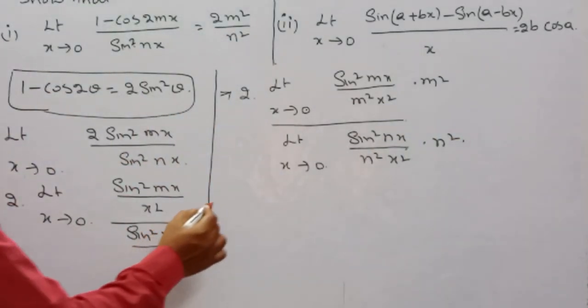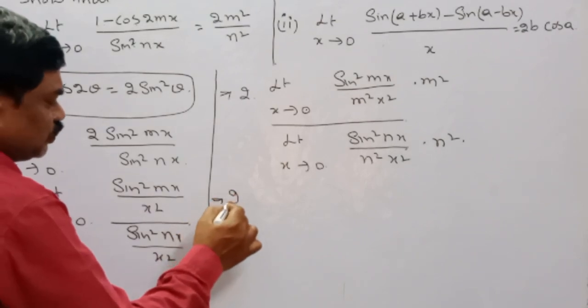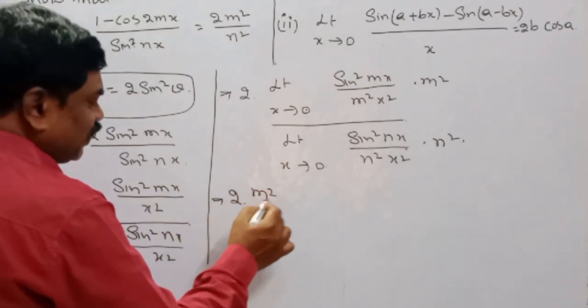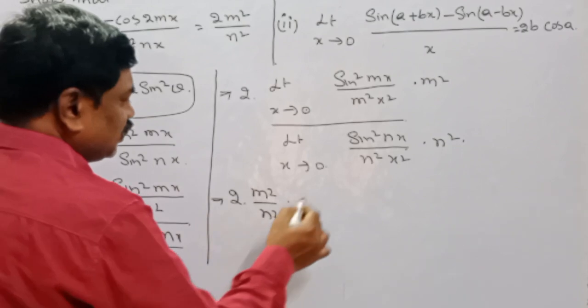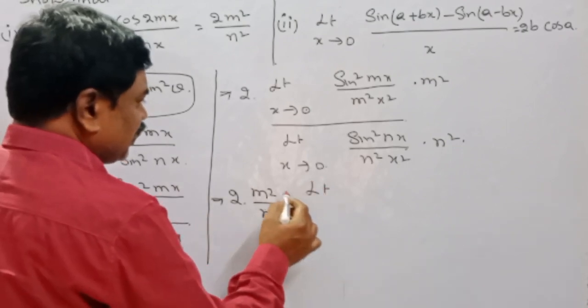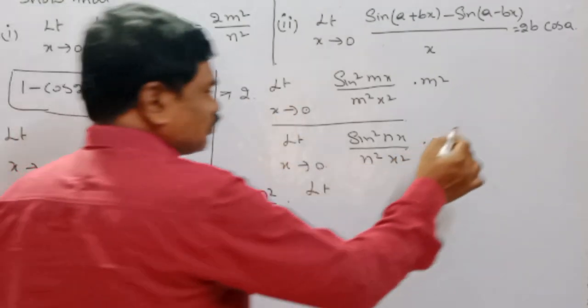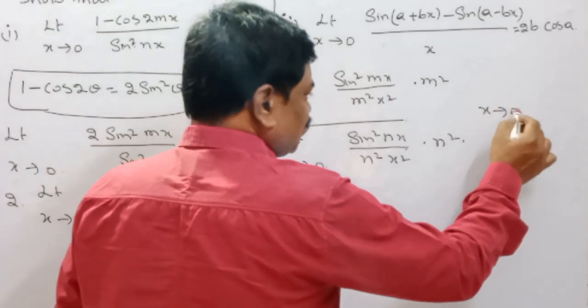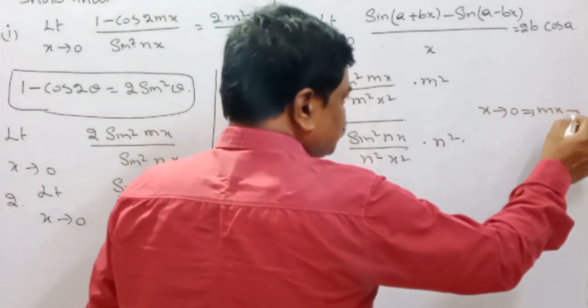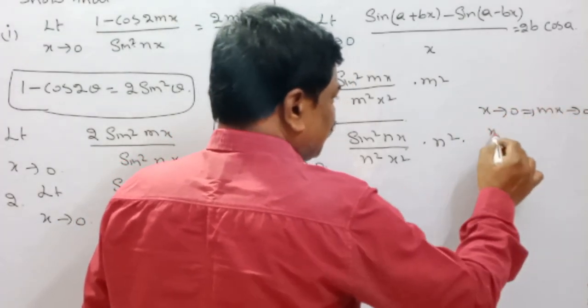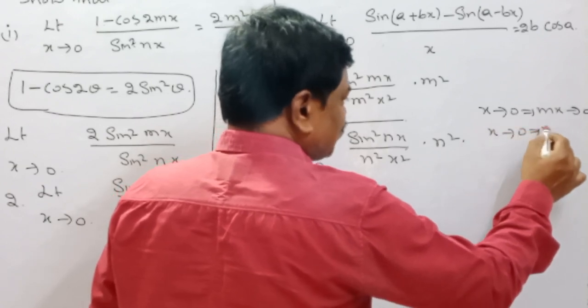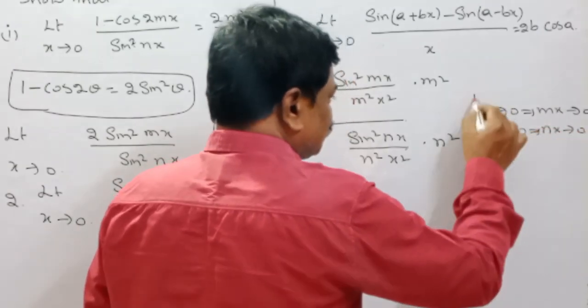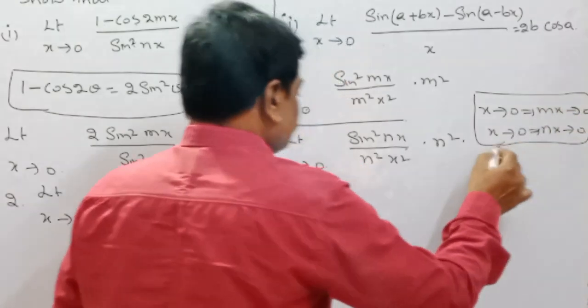This implies 2 into m square by n square into limit x tends to 0. X tends to 0 implies mx tends to 0. X tends to 0 implies nx tends to 0. We can use this one.